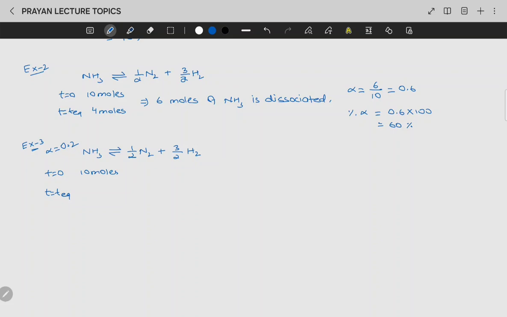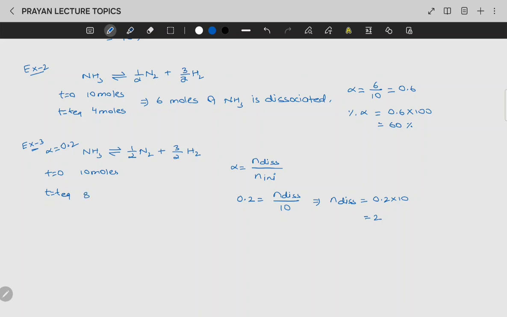Alpha is moles dissociated upon moles initially taken. So 0.2 equals moles dissociated divided by 10, which means moles dissociated is 0.2 into 10, which is 2.